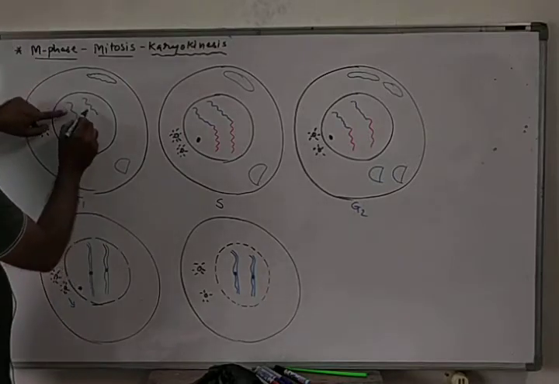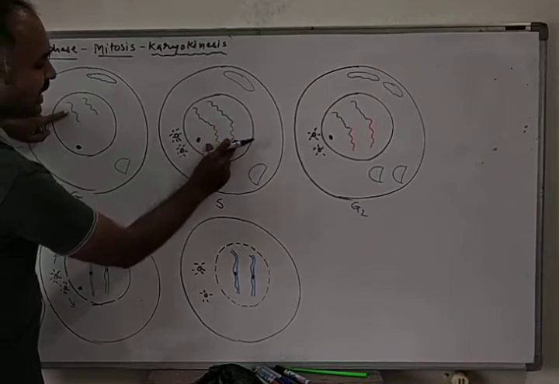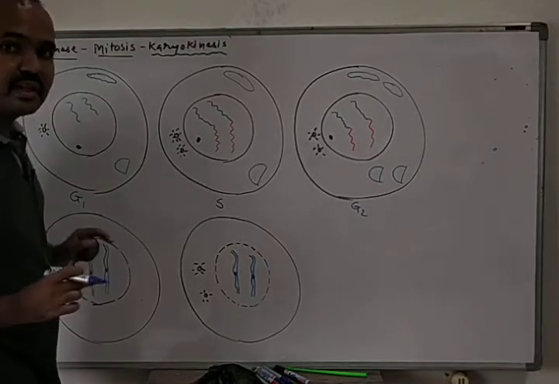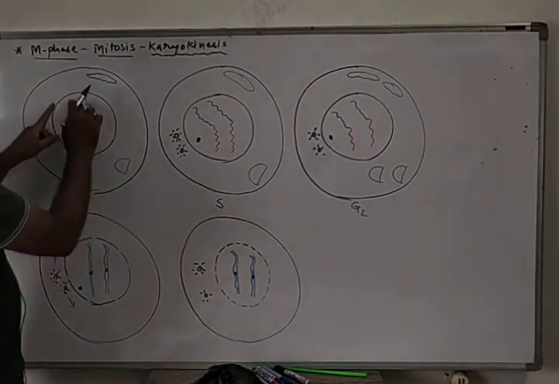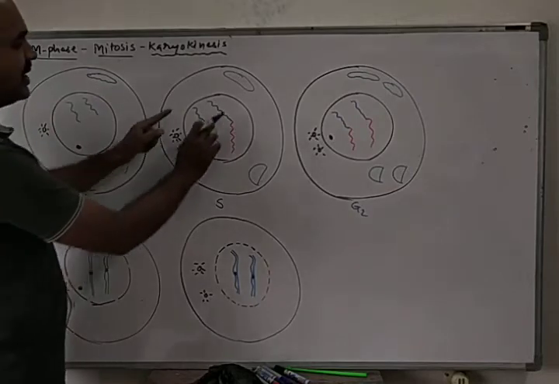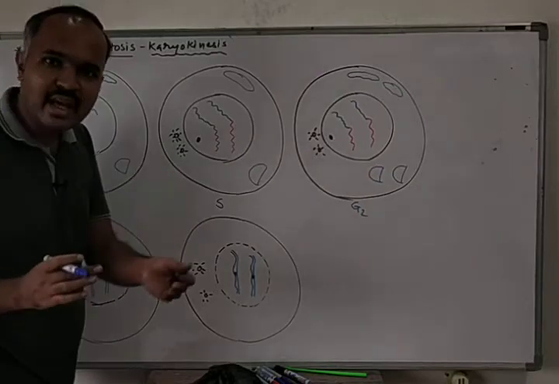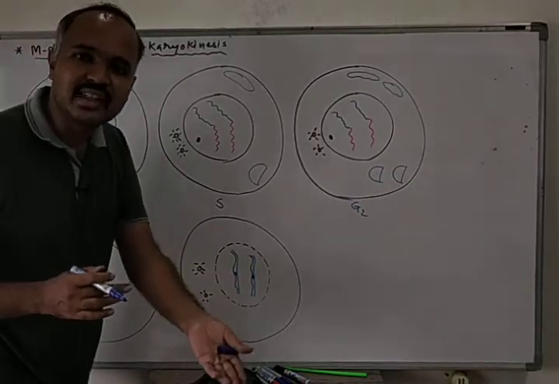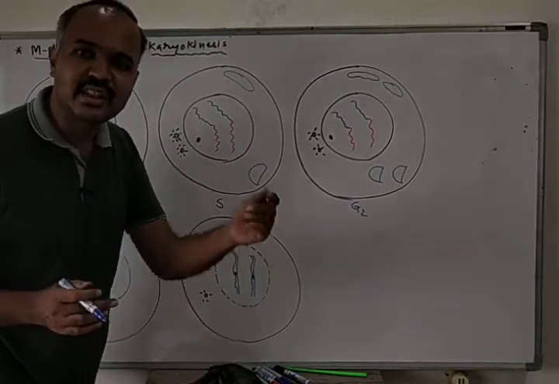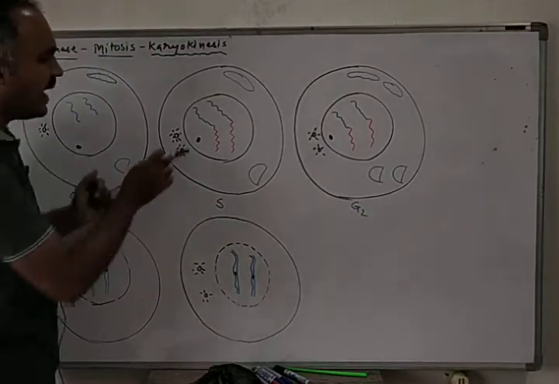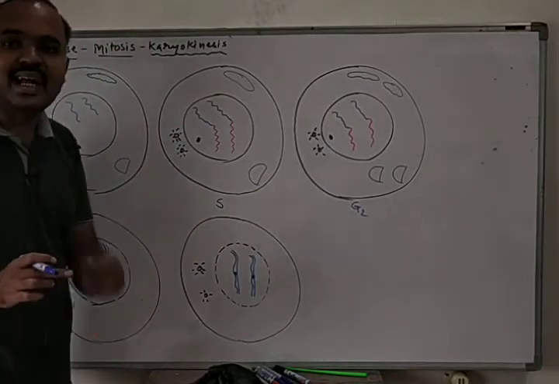Then here the chromatin was there, and here newly synthesized chromatin is present. Initially it was having this much chromatin, now this cell will have this much plus this much extra chromatin. Why? Because new DNA has been synthesized in the S phase. That's why the amount of chromatin will get doubled.